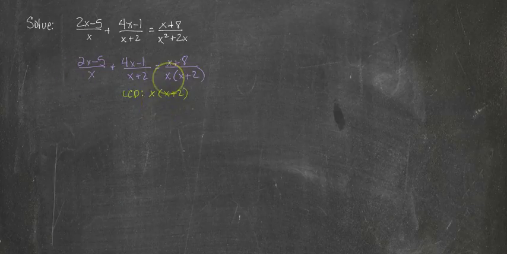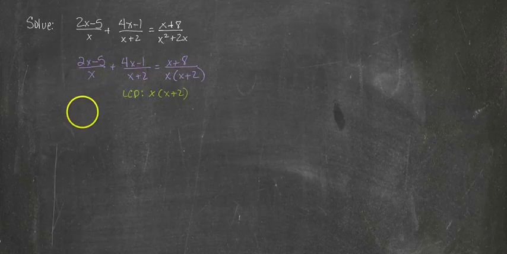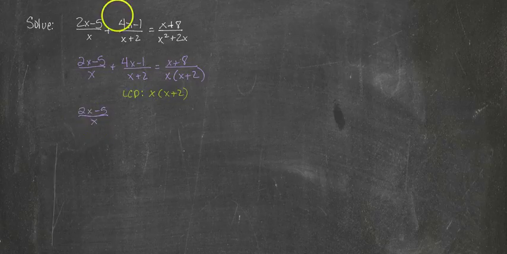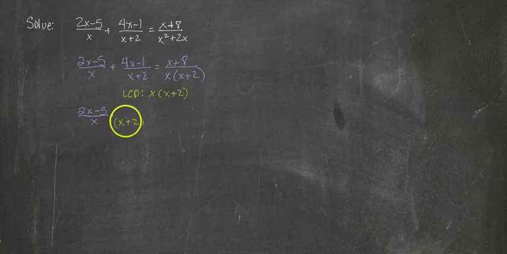Which means I need to create that denominator across the entire equation. So I'm going to multiply the first fraction times an expression involving x + 2. That's the missing factor for the first fraction, but I need it to be an expression of 1. So (x + 2)/(x + 2) is the same thing as 1.